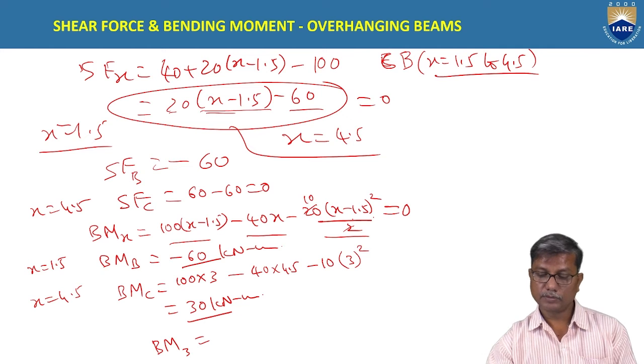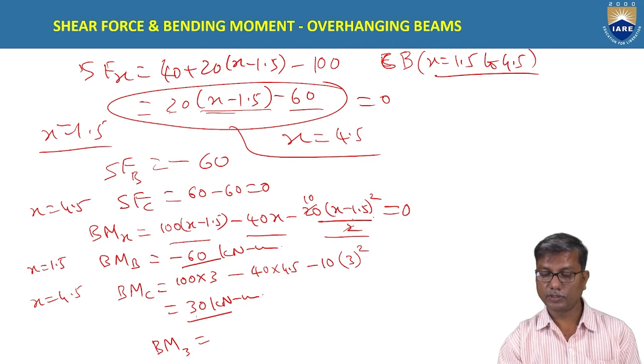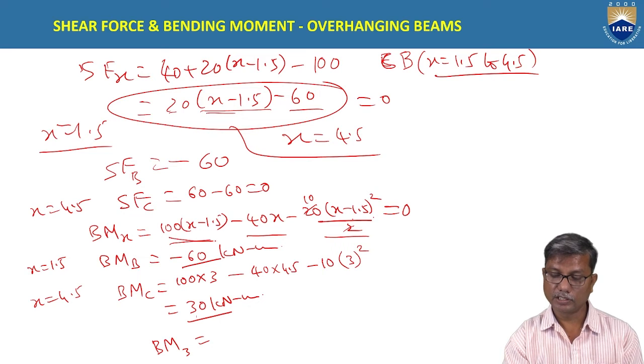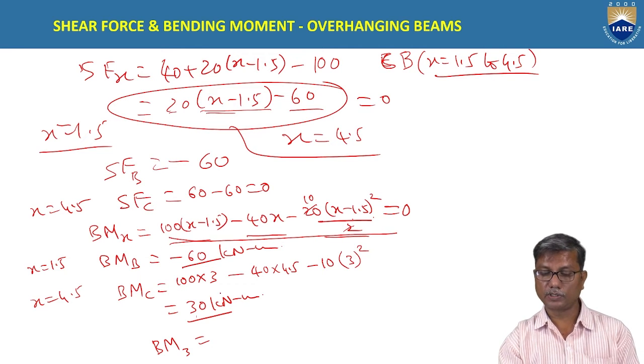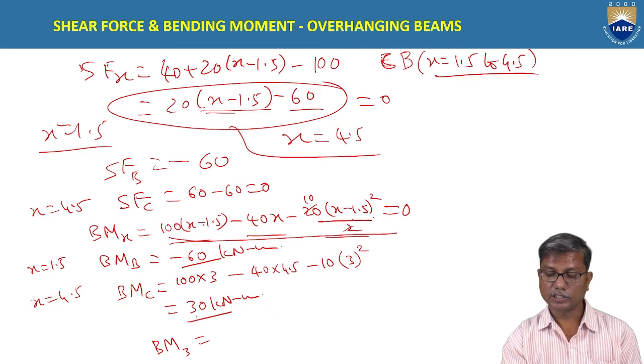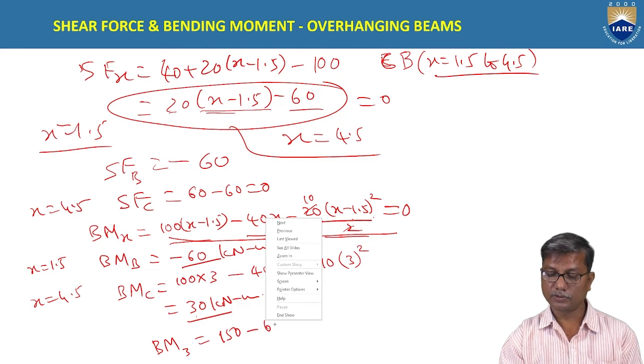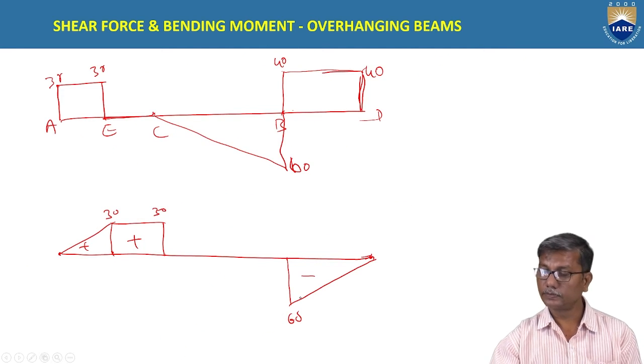So substituting x equal to 3 in this equation, you will have 100 into 1.5, that is 150, minus 40 into 1.5, that is 60.